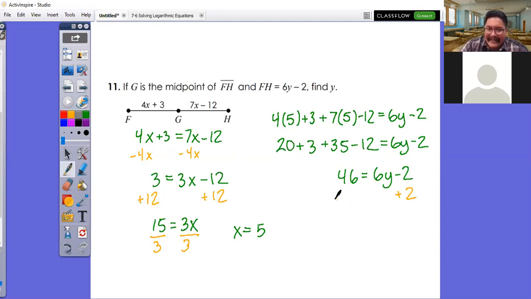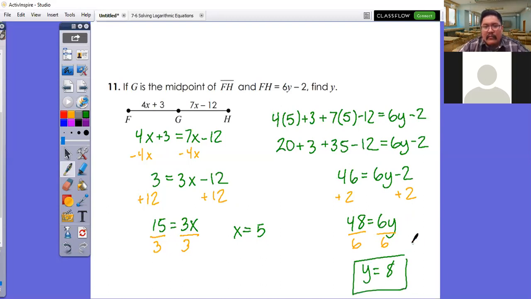All right, so this is 48 equals 6y. Then divide both sides by 6. And remember, we're trying to find the value of y. We're not trying to really find much else with all this going on. And that's gonna be 8.